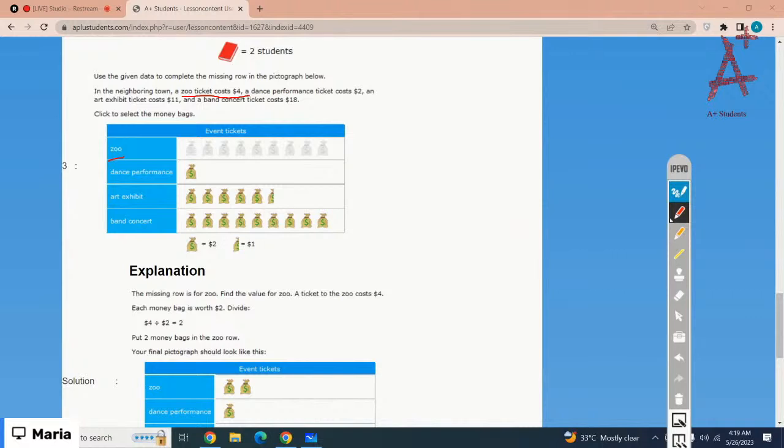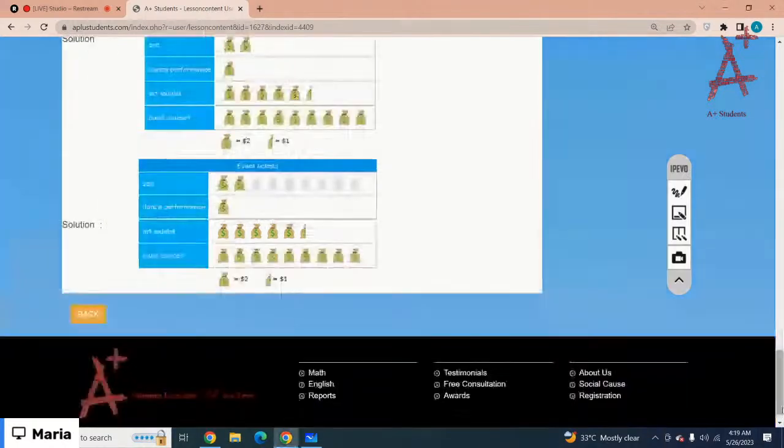So you just have to make 2 bags. You can see here. Here is the solution. You just need to make 2.